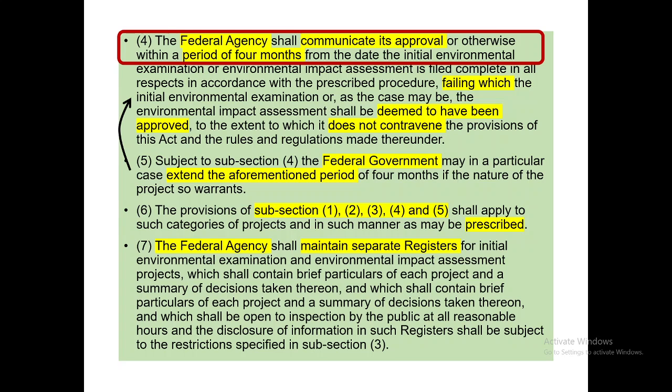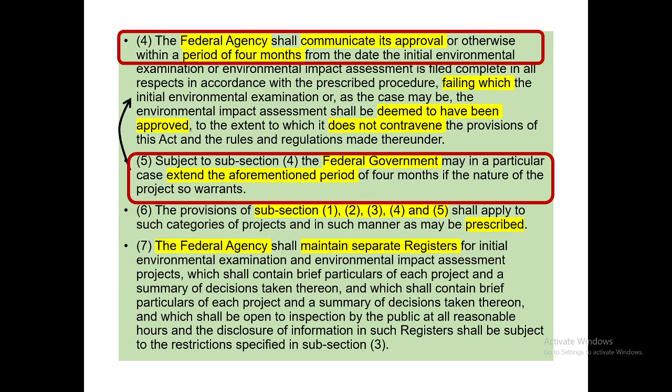Then there is a time duration: within 4 months the report must be approved, and if it is not decided within 4 months, then it will be automatically considered as accepted.